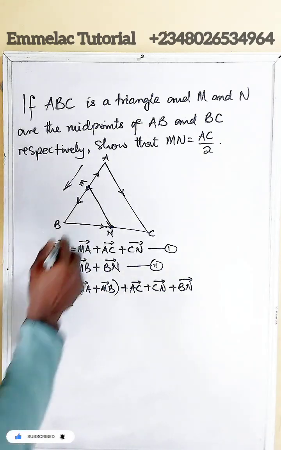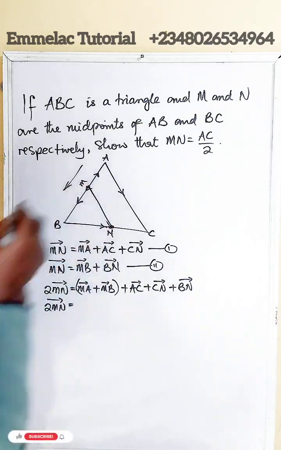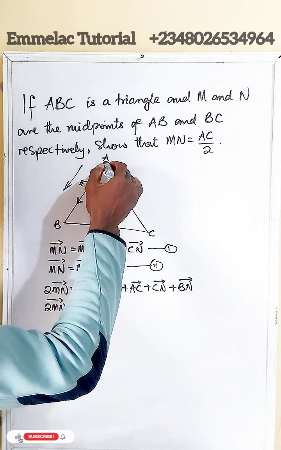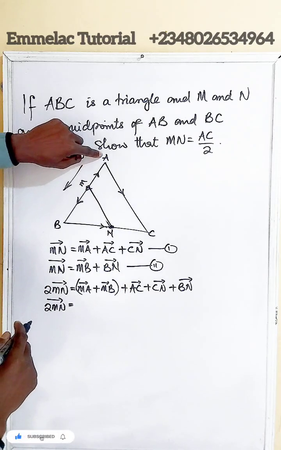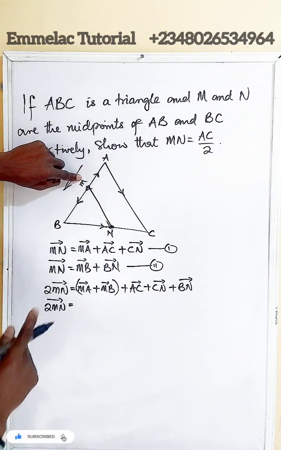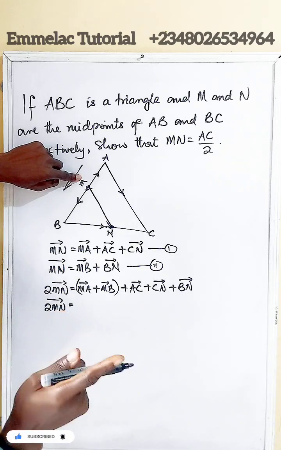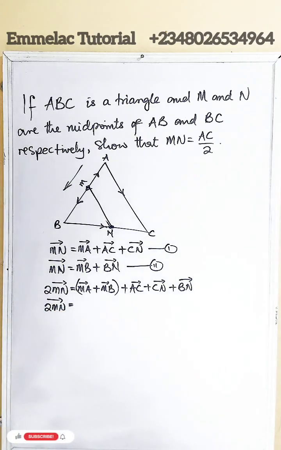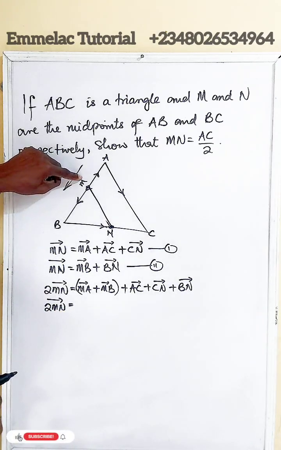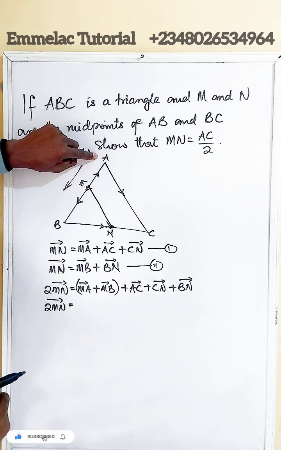Okay, and take note that M is the midpoint of AB, which means AM is the same magnitude as MB, right?